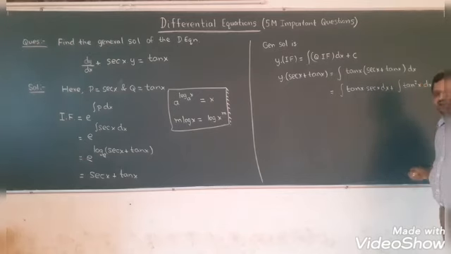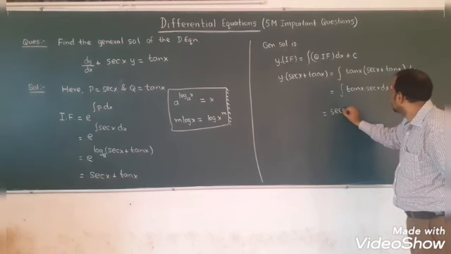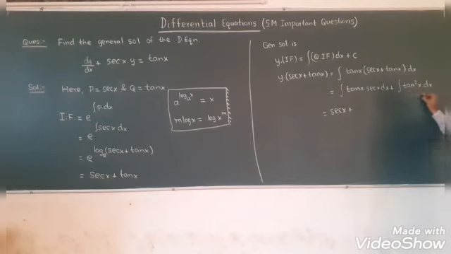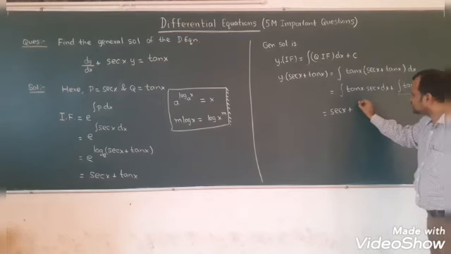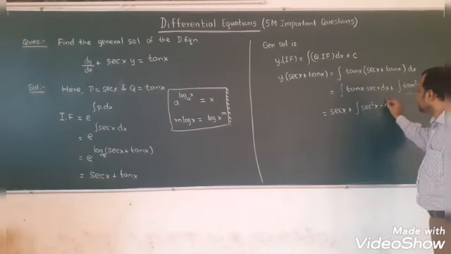What is integral of tan x secant x? Integral of tan x secant x is nothing but secant x. Now we don't have any formula for integral of tan square x, but tan square x can be written as integral of secant square x minus 1 dx.